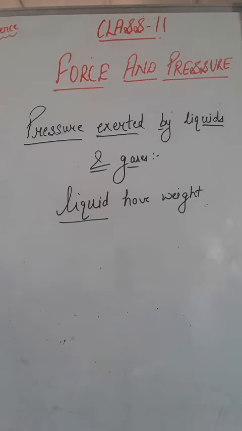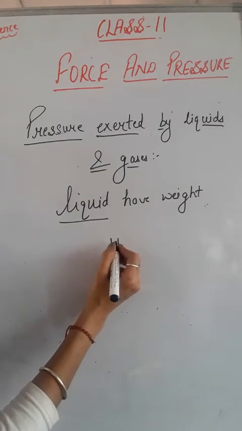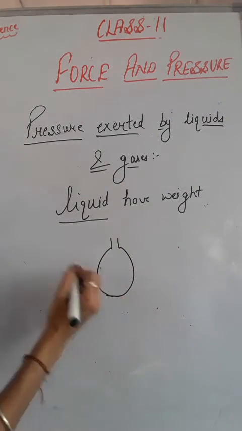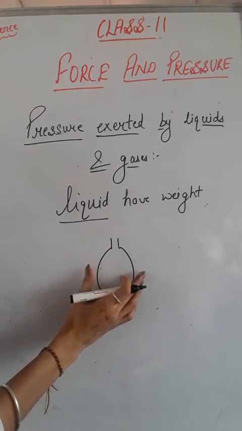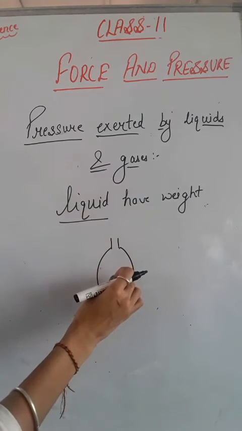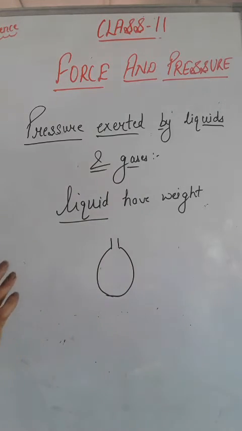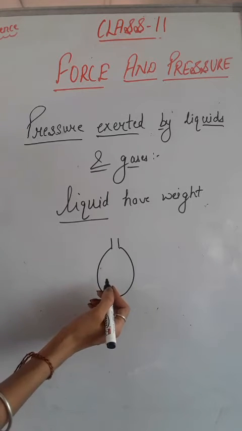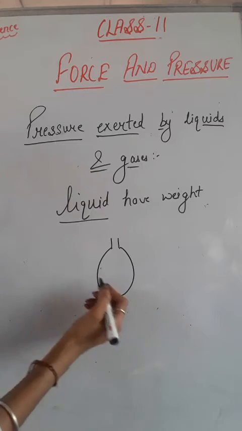You can see that when you put water in this balloon, the balloon starts to bulge. And if you put more and more water in this balloon, it will bulge more and more. The more water you keep pouring in, the bigger it gets.